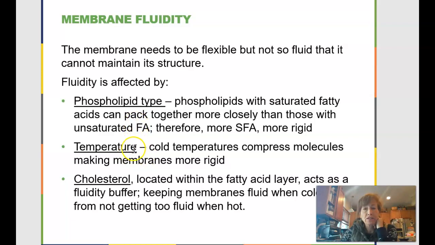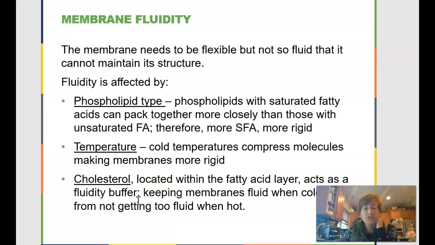Temperature can affect the membranes. When things get colder, they compress, and that is going to affect how fluid that membrane can be. A third component is cholesterol.